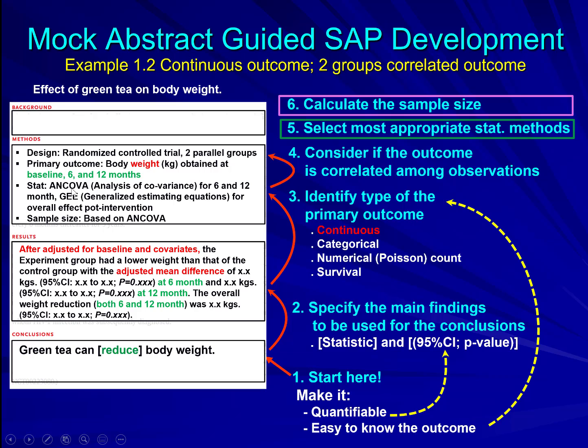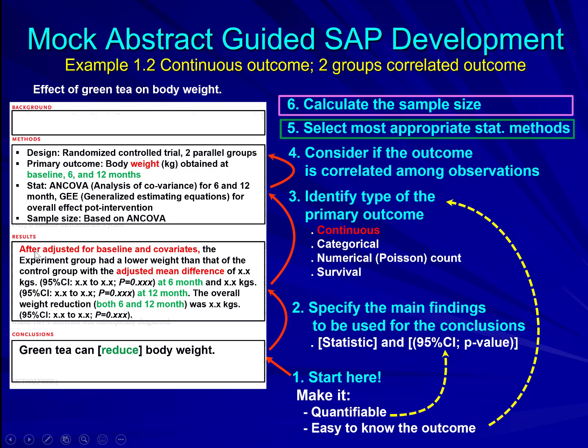There is a statistical method called ANCOVA, or analysis of covariance, that can handle this well. And also the generalized estimating equations, or GEE, for an overall effect post-intervention, not each follow-up visit separately, but all. You see, it's really planned based on both the design and also what we will present in the results section. With this, we can base our sample size on the ANCOVA.